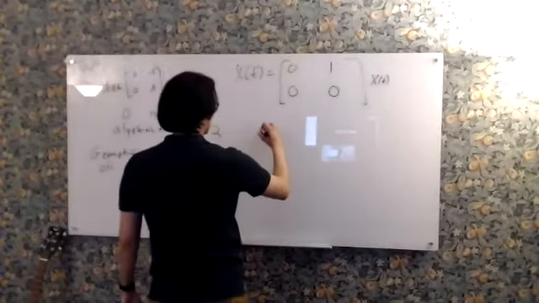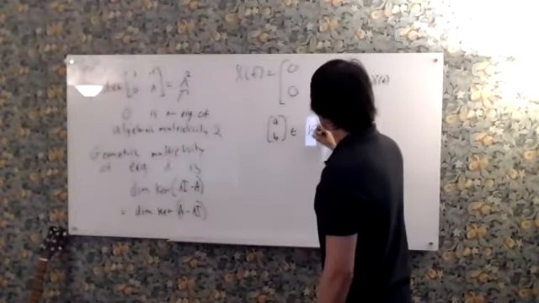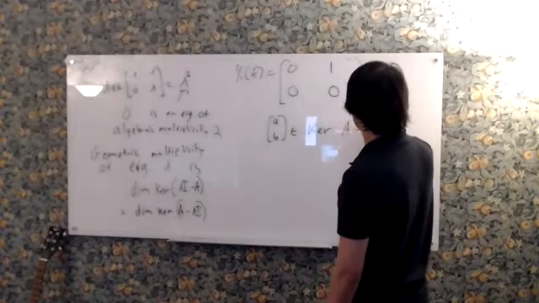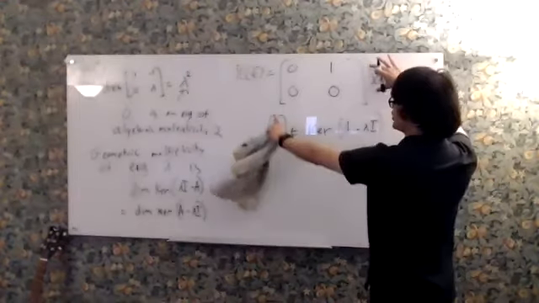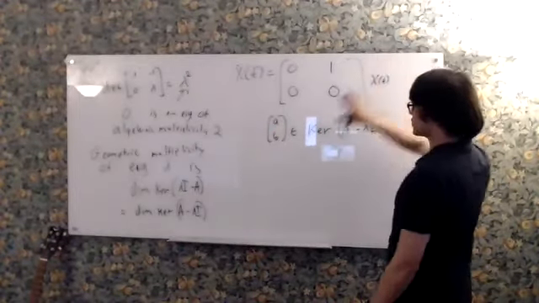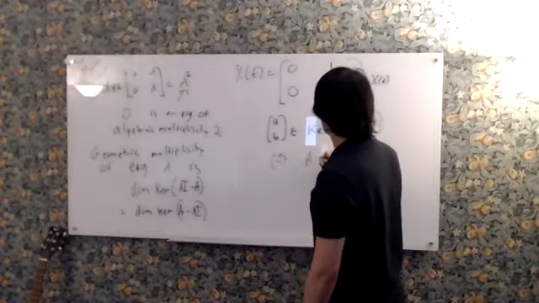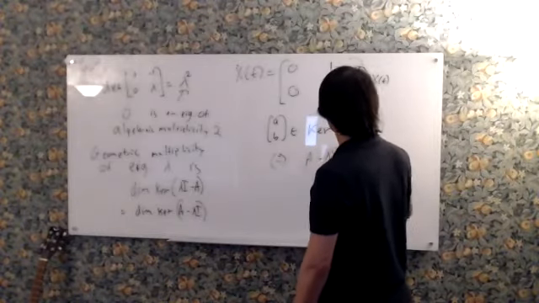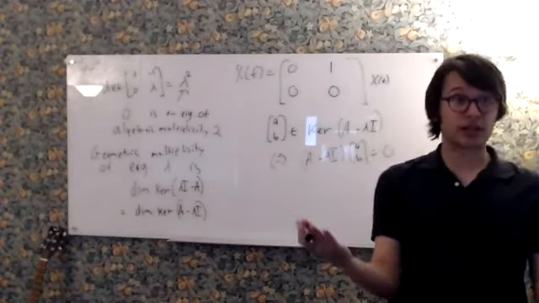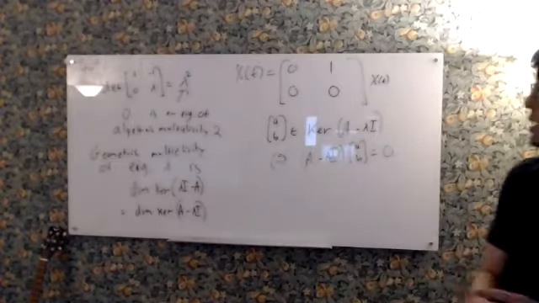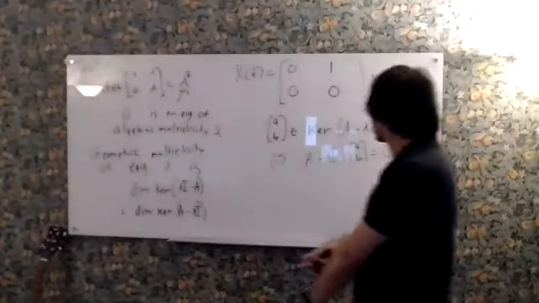So we have (a, b) in the kernel of A minus lambda I. Any vector over here can always just be represented with two numbers. So (a, b) is in the kernel if and only if A minus lambda I times (a, b) is equal to 0. That's what the kernel is, right? It's just the set of vectors that if I hit this matrix, I would go to 0.